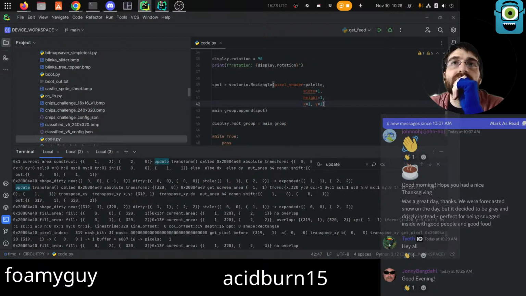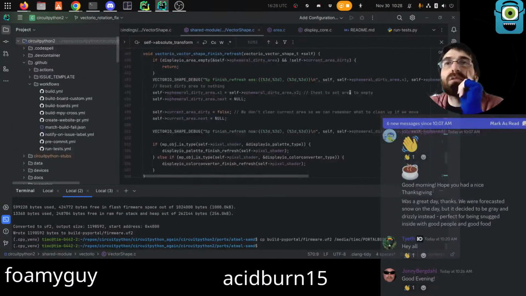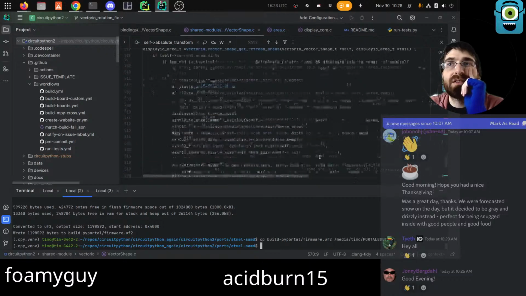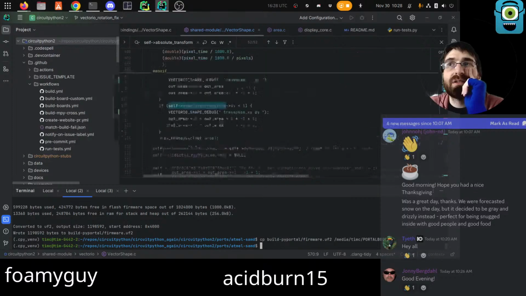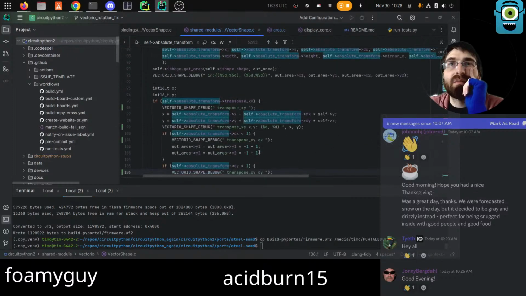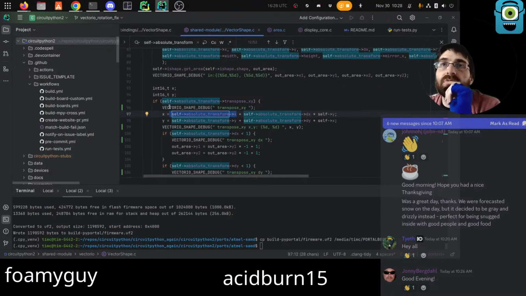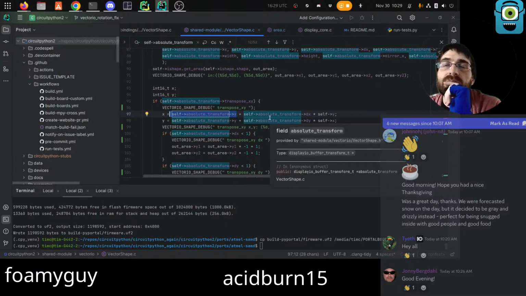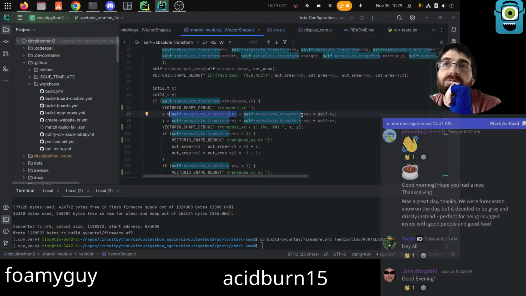Okay. So absolute transform X, I don't think then is the problem. I guess we want to be on 320 probably. Absolute transform, so dx, and then we are multiplying by y.